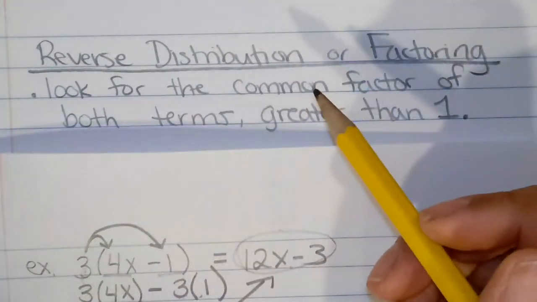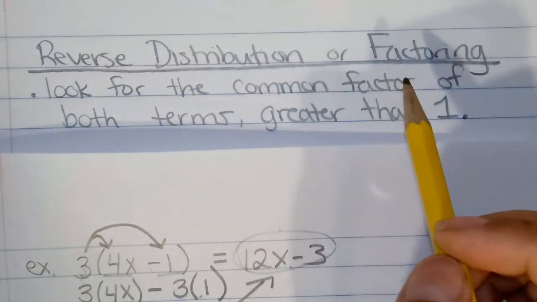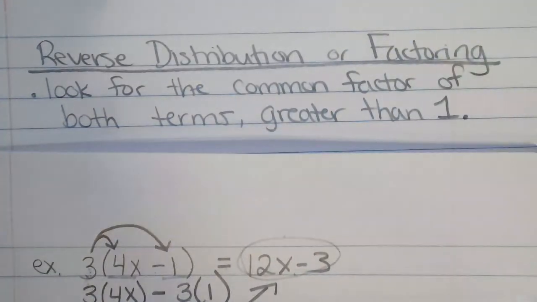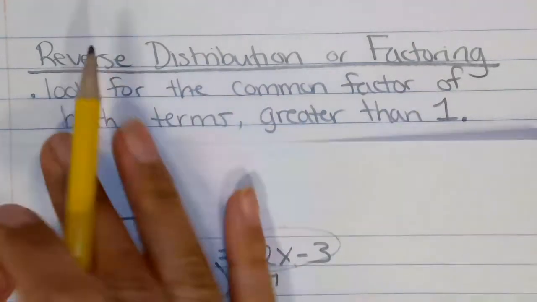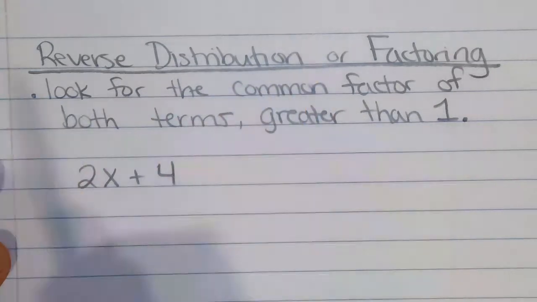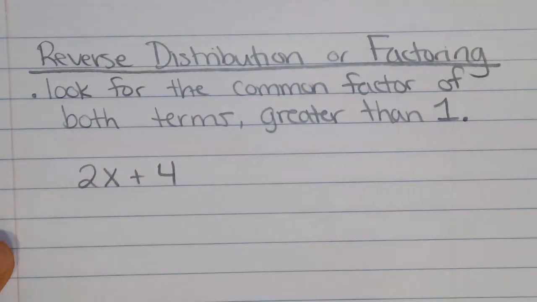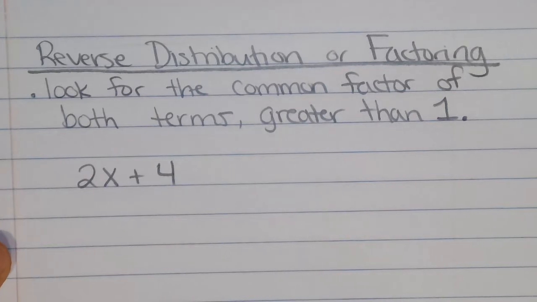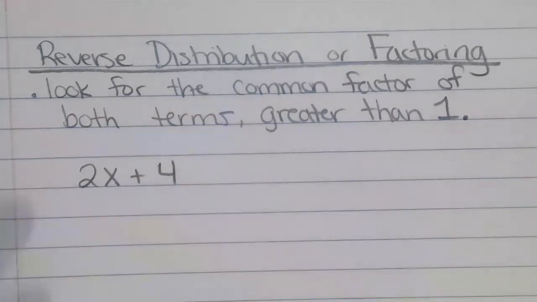We're distributing, but we're doing it backwards. You can also call this factoring. Sometimes you might hear that. Those are the same things. When we are doing reverse distribution or factoring, we have to look for the common factor of both terms, and that common factor has to be greater than 1. If it is 1, we're just going to end up with the same thing.